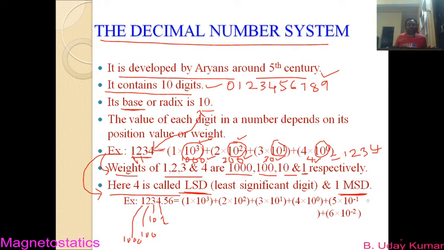Since these are all greater than 1, we can write them like this.